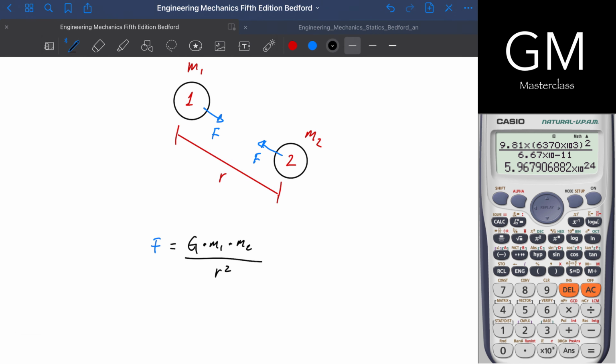Alright, in which this r is this same r.